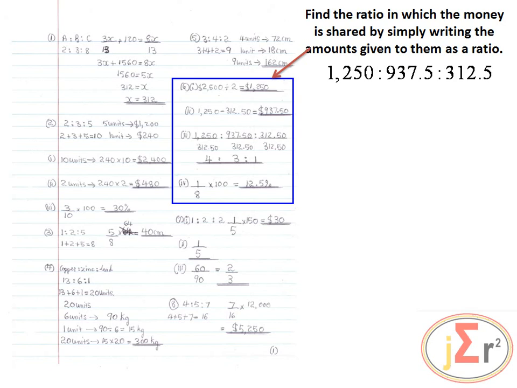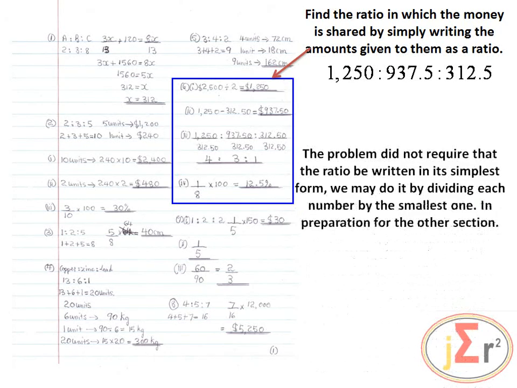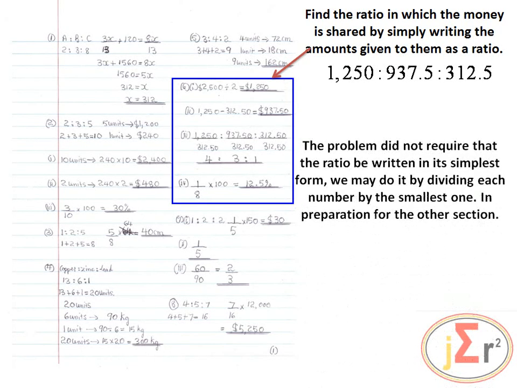However, we will opt to write it in the simplest form. The statement of the problem did not require that the ratio be written in its simplest form. We may do it by dividing each number by the smallest one.